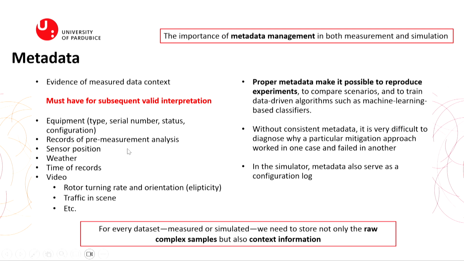Records of pre-measurement analysis, sensor position, of course XYZ coordinates, and also information about weather, because weather influences reflections. So please also make a note: sunny day, wind speed approximately 5 up to 10 meters per second, there was snow, fog, I don't know, it is just an example. Just make a small record. It takes you 1 minute, but saves your time later.